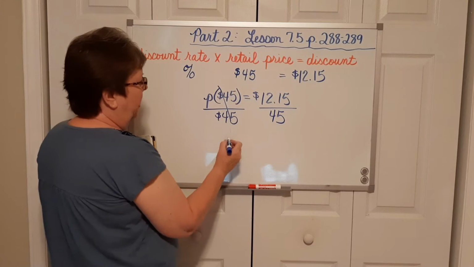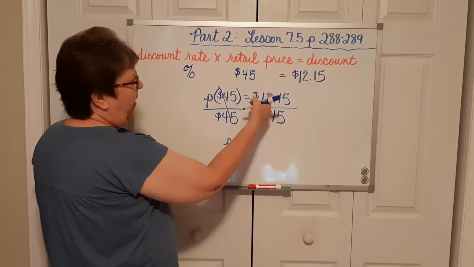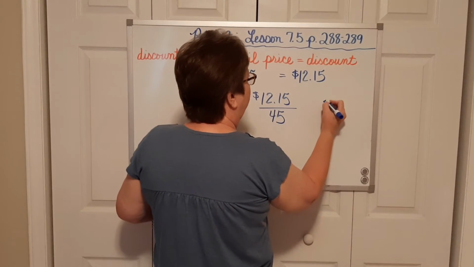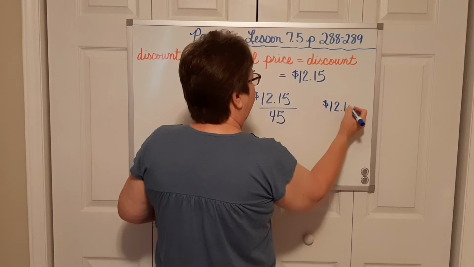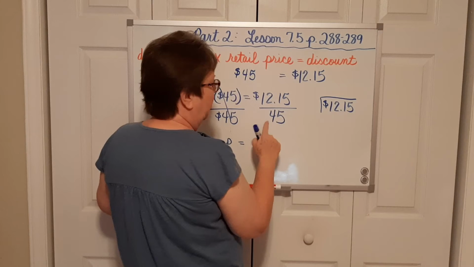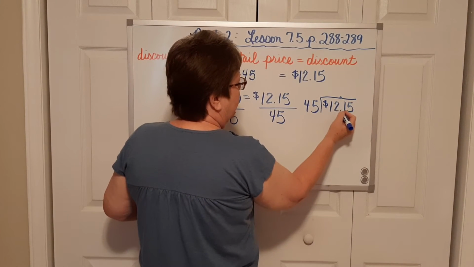So that cancels out, and we're left with whatever our discount rate is. Once we divide here, we'll have our answer. So you take your $12.15. Remember, the top number always goes inside the division box, bottom number outside. Put your decimal point.